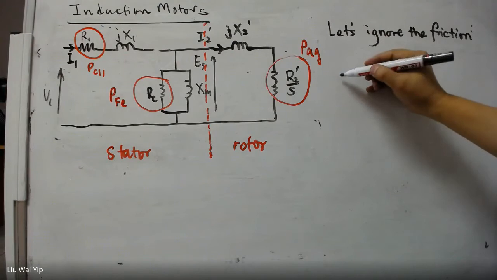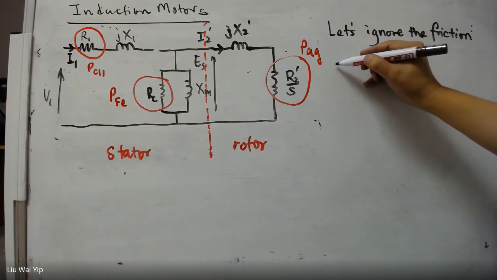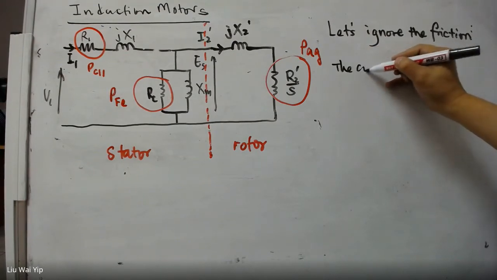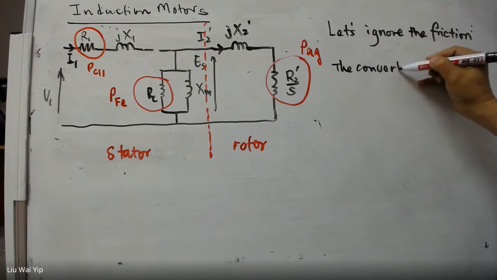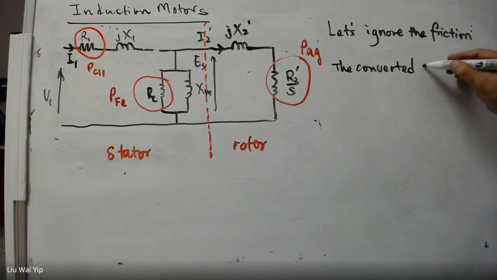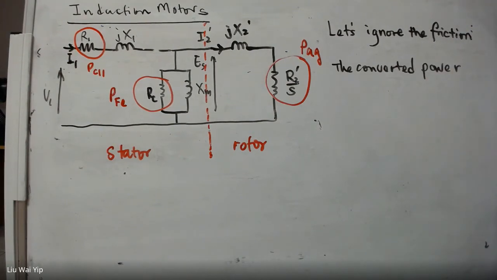Then the converter power is the power subtract all the electrical loss.